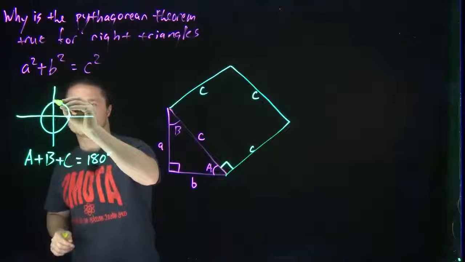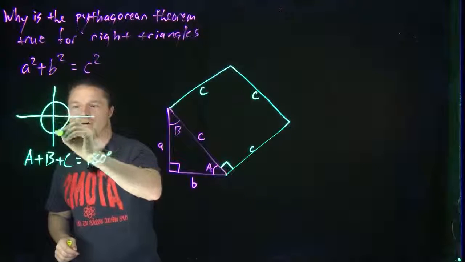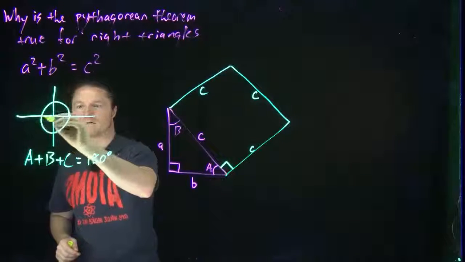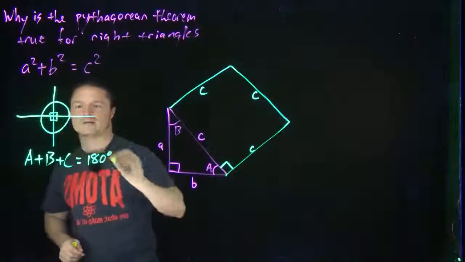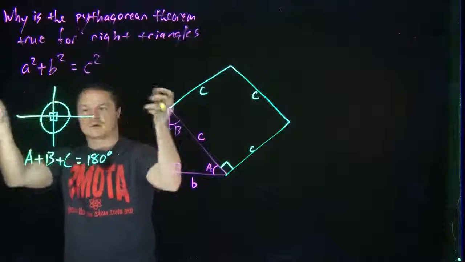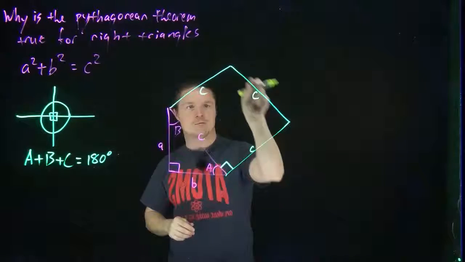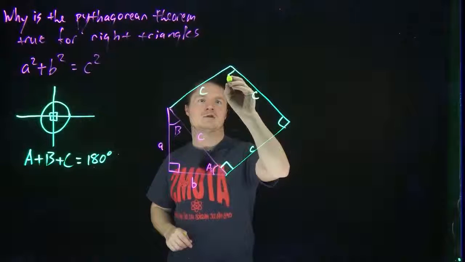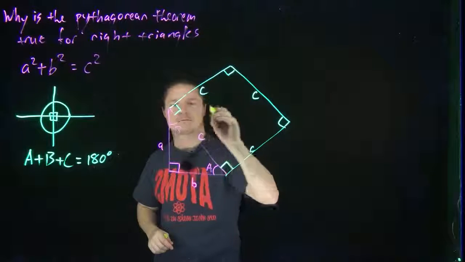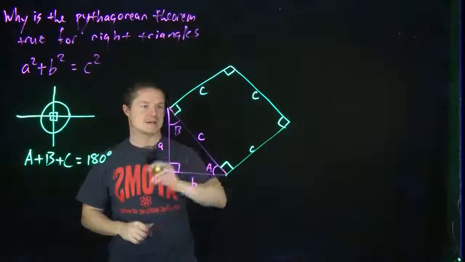Notice each one forms a corner of a square, so each one of these corners is 90 degrees. We could pull those apart, attach them in a different way, and we could create this square. So we know every single angle of the square is 90 degrees.